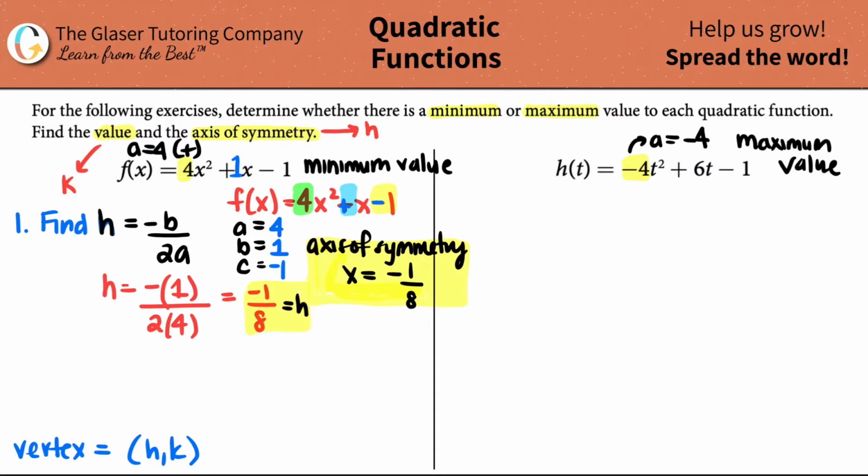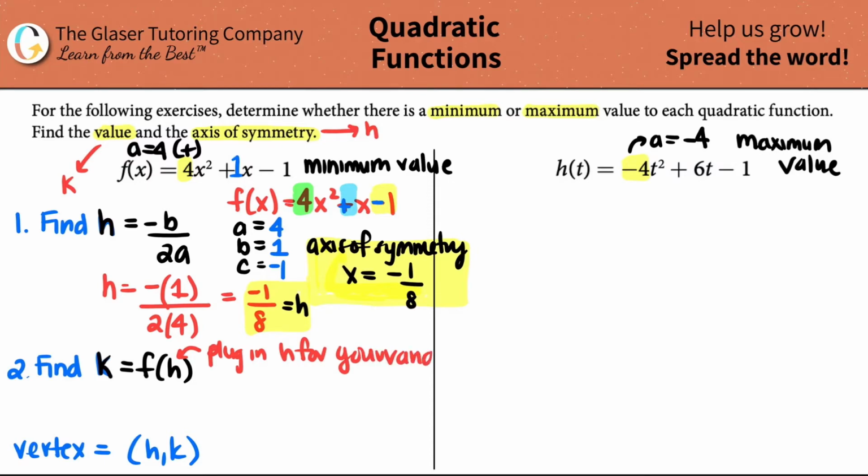That's the second thing. Second thing is find k. And we know from previous examples, k just equals f of h. All you're going to do is plug in h for your variable into the problem.